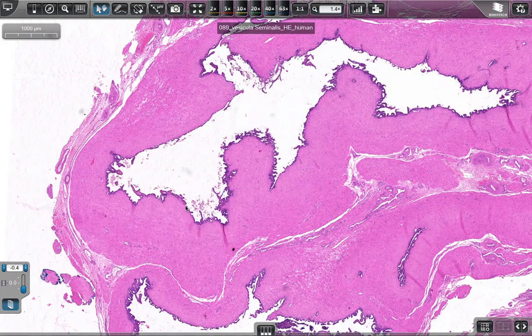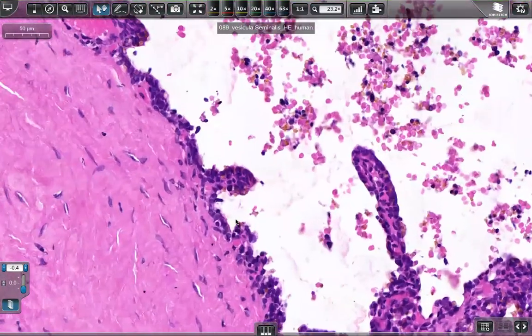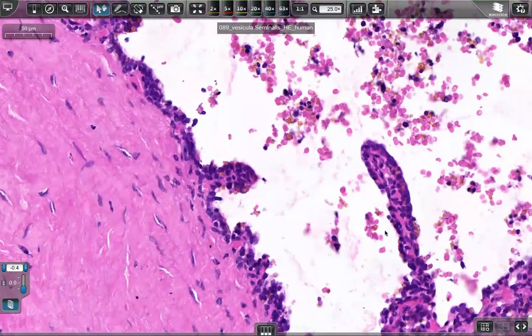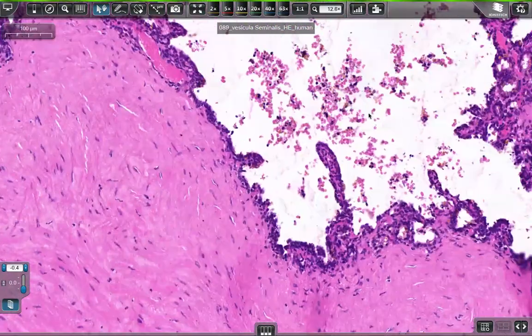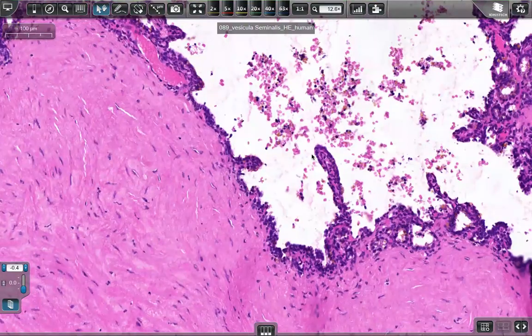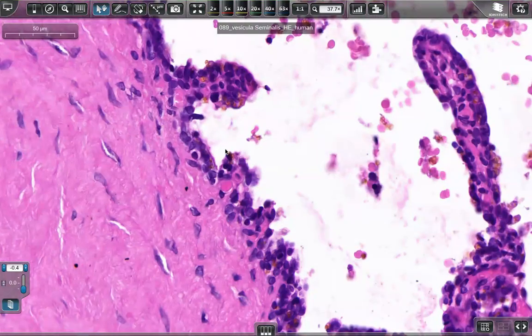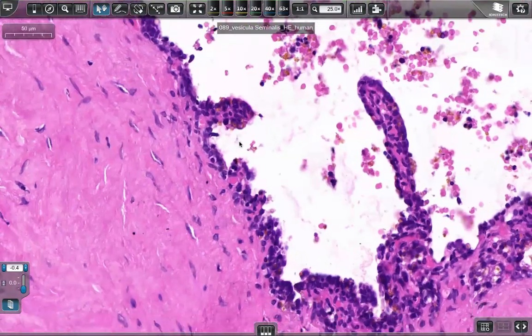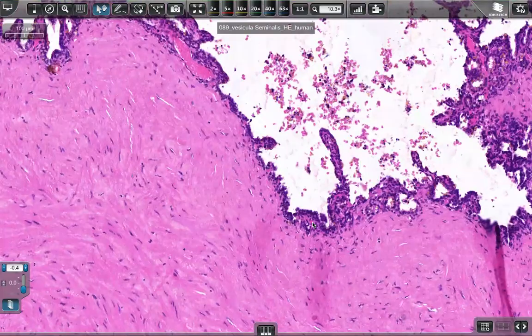In the lumen, we can find simple cuboidal epithelium. Here we can see these folds. The presence of the red blood cells here is definitely artificial. So simple columnar cuboidal cells, the lamina propria is cellular rich here, and underneath it there is neither muscularis mucosae nor submucosa.